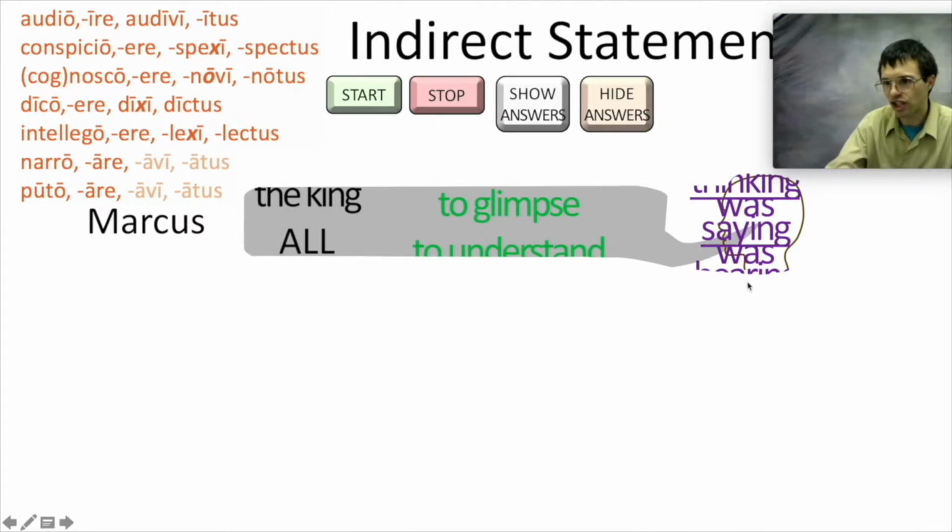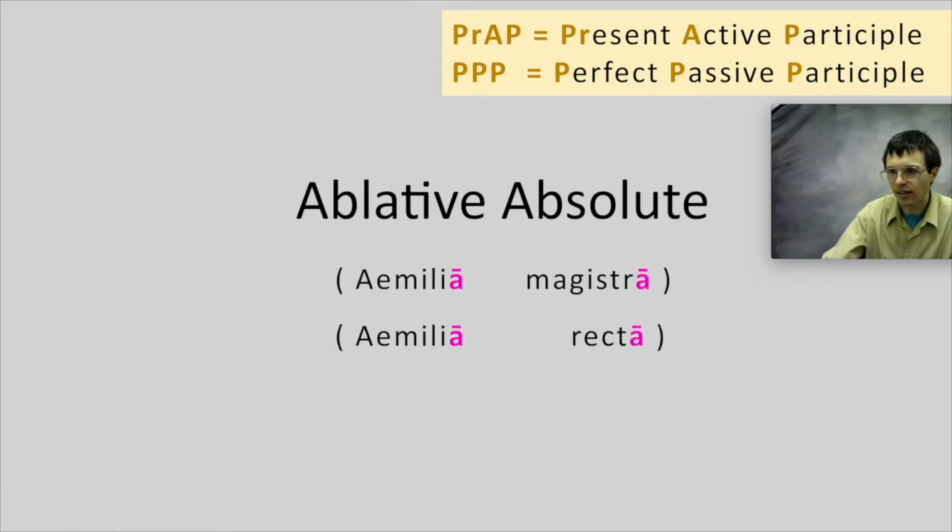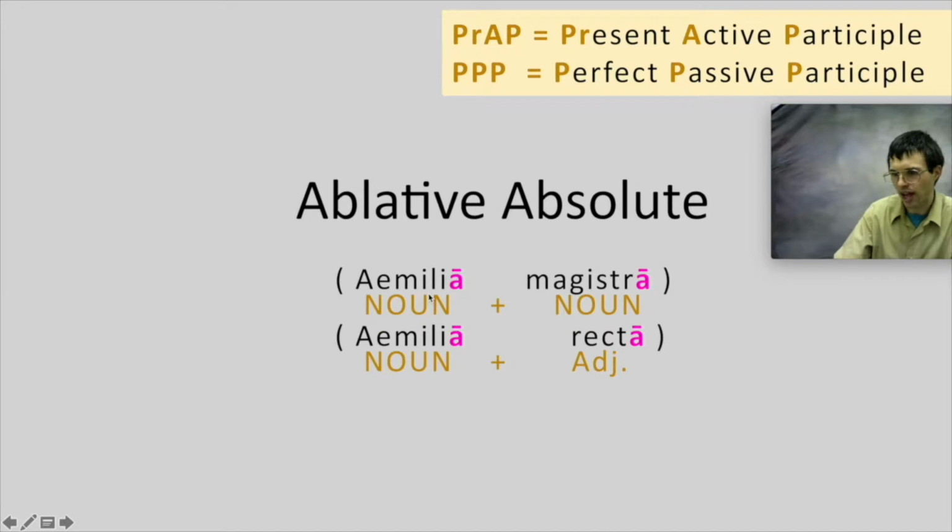Okay, so here we have ablative absolutes. And way back in chapter 14, you learned that the most common construction is noun plus noun or noun plus adjective. With Amelia as the teacher or with Amelia correct.